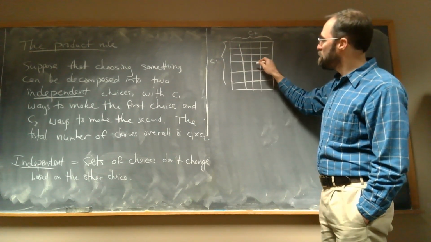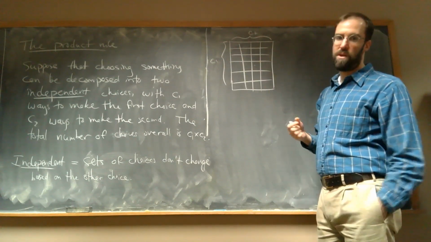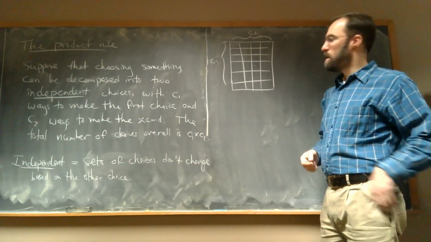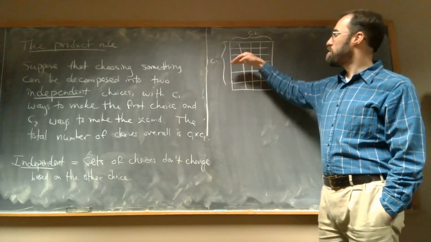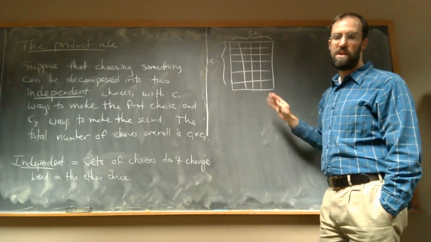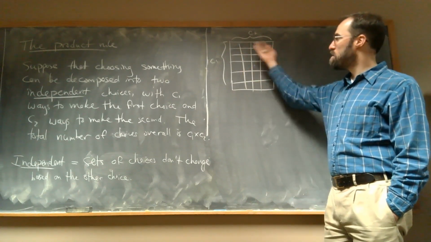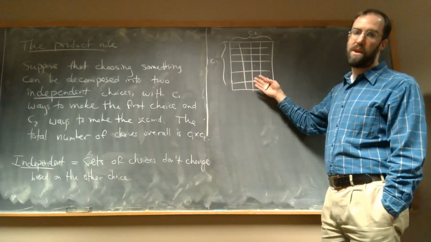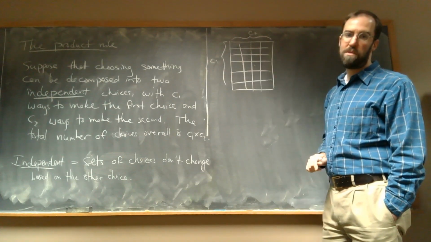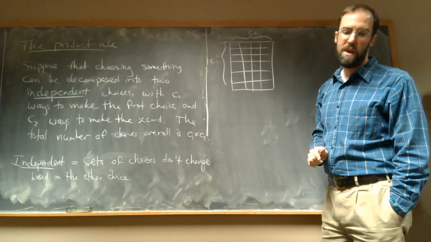And each of these squares corresponds to a particular combination of the first choice and the second choice. And if they're independent, it means, for any row, I have all the columns available and vice versa, and so I get this nice rectangle. And obviously the number of squares, each square representing one overall choice, is just C1 times C2. So that's where this comes from.